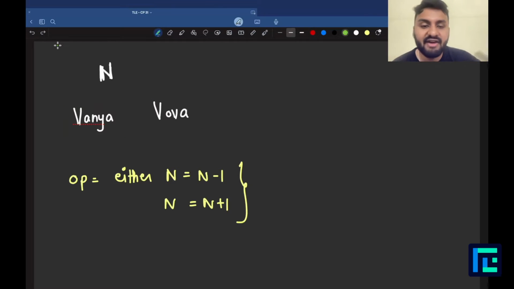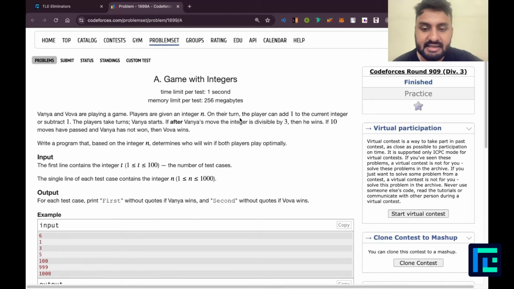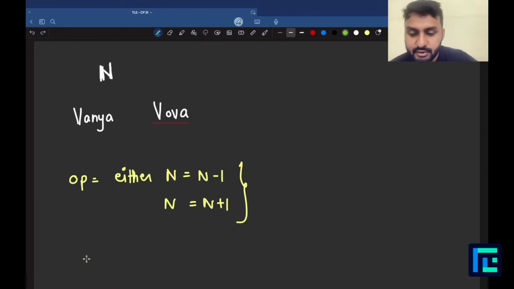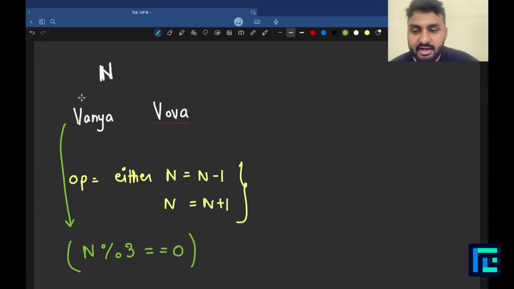Now, what is defined as a suitable move? They want to win, and the winning condition is I want to create a situation where when Vanya's move is over, after Vanya has done his move, the integer becomes divisible by 3. So I'll say n mod 3 has actually gone to 0. If this is the case after Vanya has played, then I'll say Vanya wins.